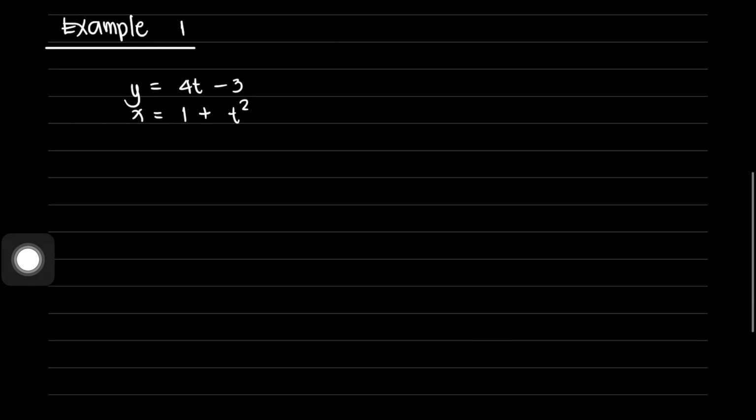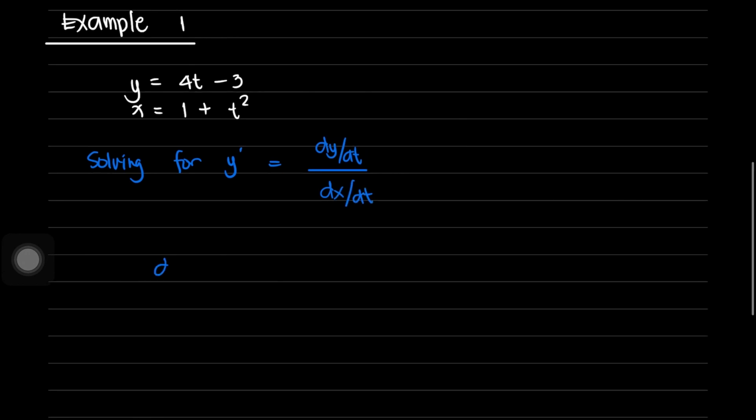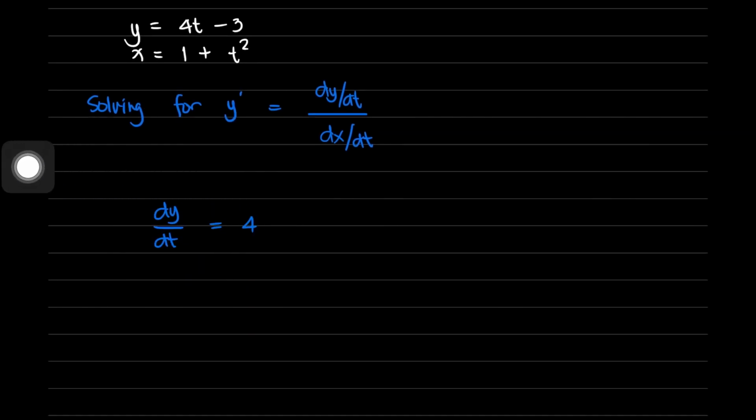Now, in solving for the first derivative, so solving for y prime, take note that we're going to divide the derivative of y with respect to t with dx over dt. So solving for dy over dt, the derivative of y with respect to t is equal to 4 minus the derivative of 3, which is 0. So this is dy over dt.